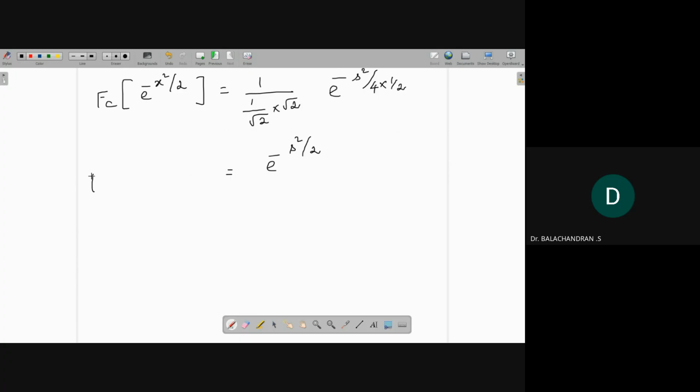The left hand side is Fc of e power minus x square by 2.